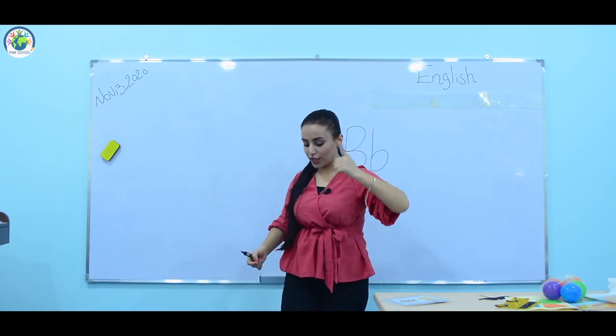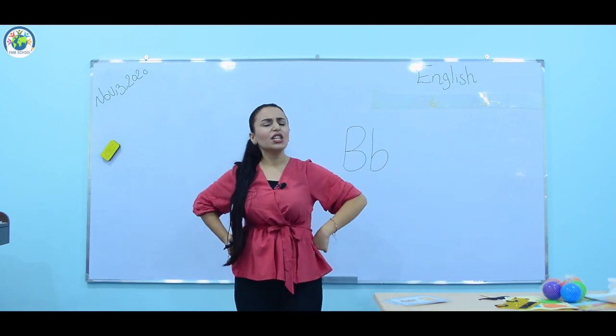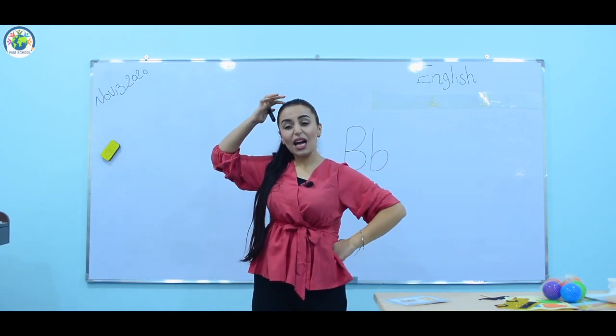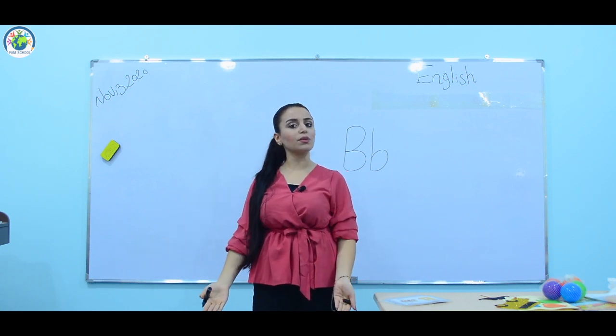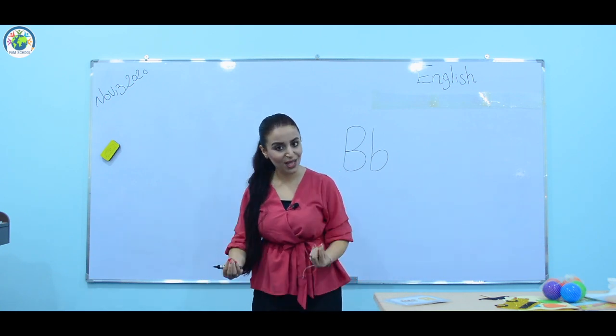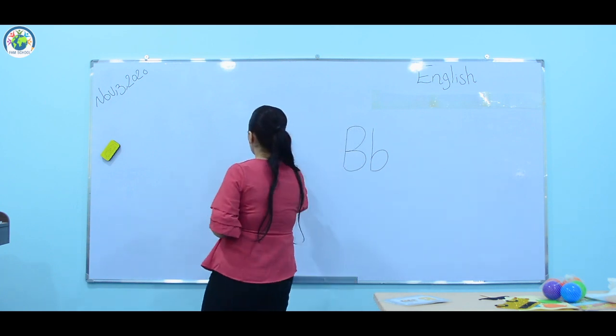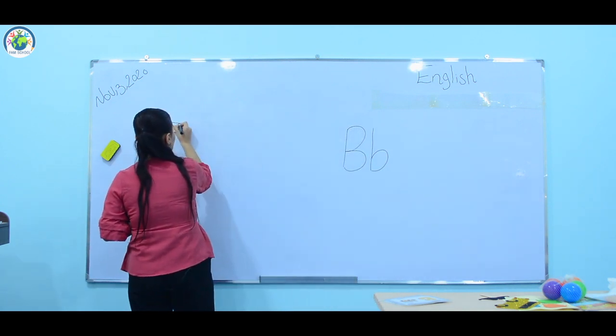Good? Very good. You may ask, teacher, how can we write B on the board, or how can we write it in our notebook? Okay, I'm telling you. Listen to me. How many lines do we have on our notebooks?